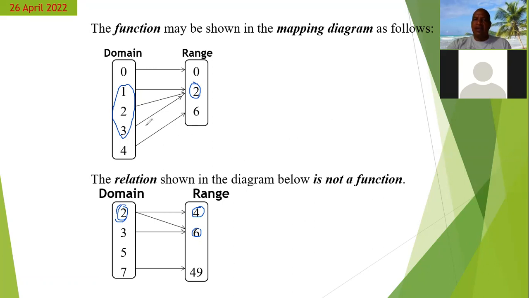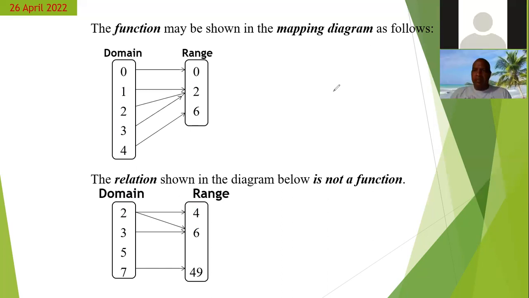Now you have to make sure you understand this clearly, because there are multiple choice questions that will give you different mapping diagrams, and they will ask you to identify which of them is a function. Right? So you have to be familiar with this. All right, any questions, guys? Everybody's clear? Raise your hand if you're understanding what I'm saying so far. All right, good.